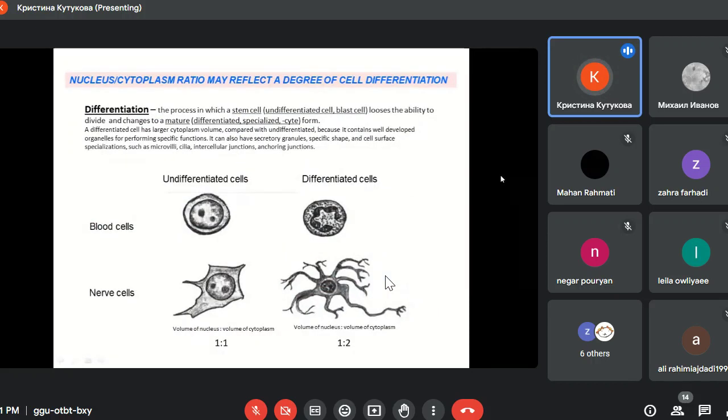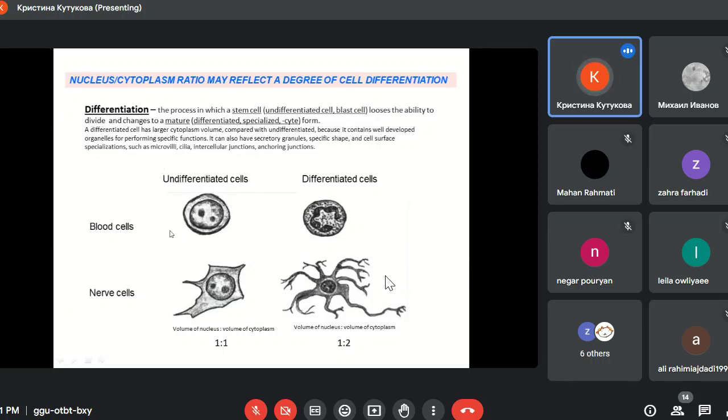During differentiation, what happens with a stem cell, which is a cambial cell? It loses the ability to divide and changes to a mature form. And what happens? First of all, the ratio between the volume of cell nucleus and volume of cytoplasm changes.